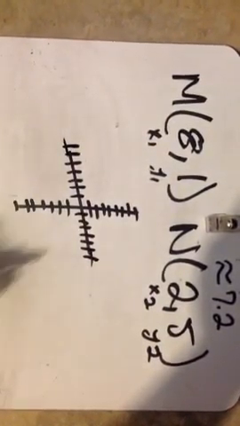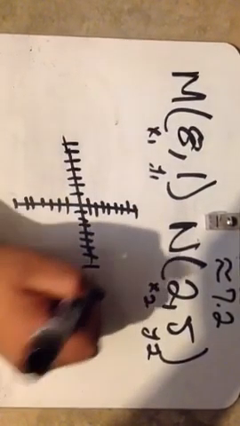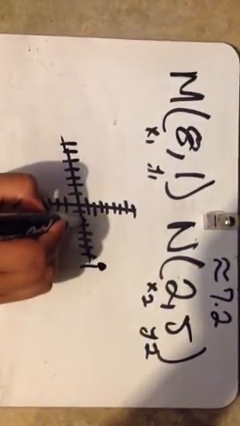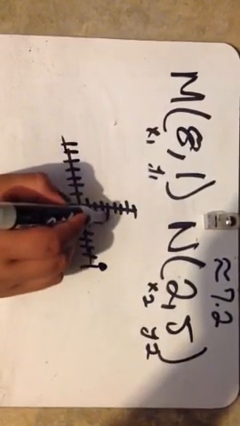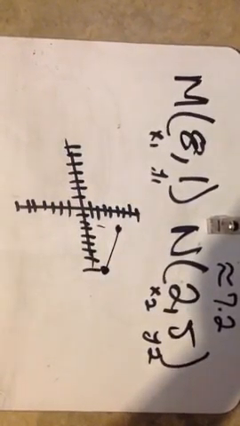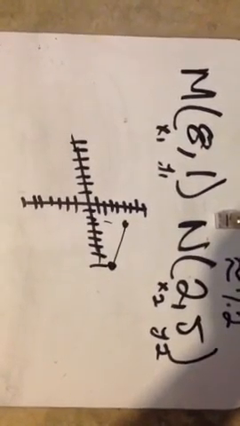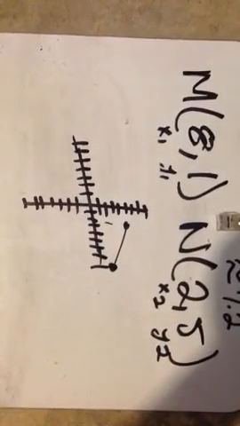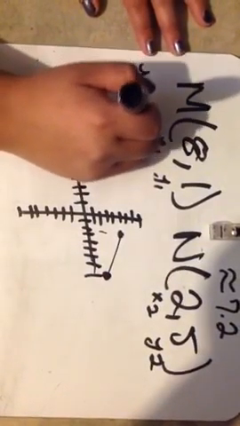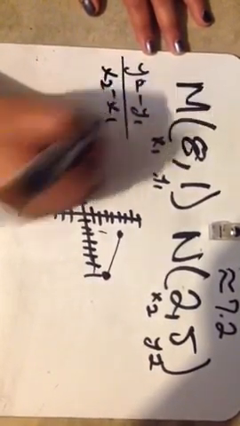So it would be 8, 1, and 2, 5. Okay. Now you have to use your slope formula. So if you remember, your slope is y2 minus y1 over x2 minus x1.